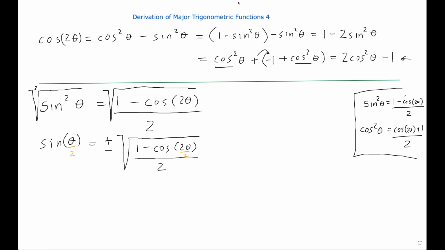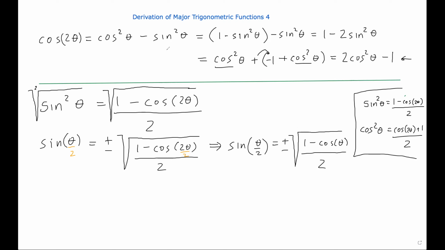And when we do so, that's going to yield sine of half angle, half of theta, equal to plus or minus the square root of 1 minus the cosine, right? 2 over 2 is just 1. That's just going to be the cosine of theta, and that's divided by 2.